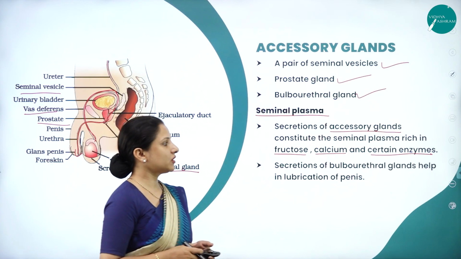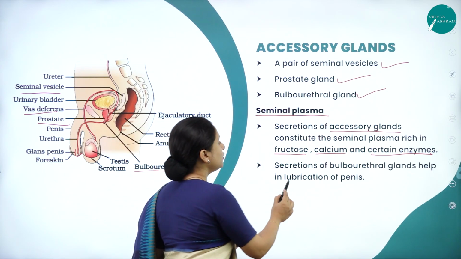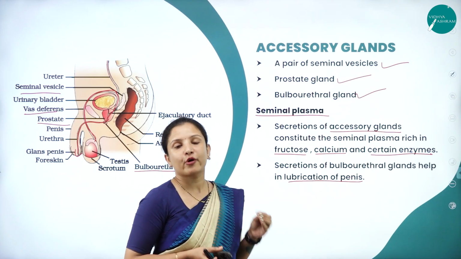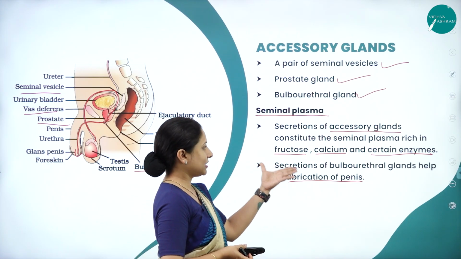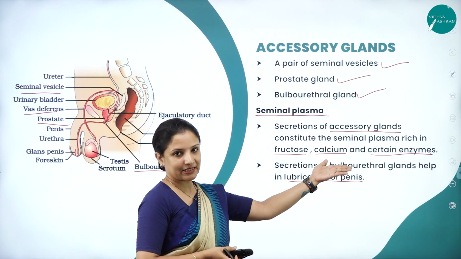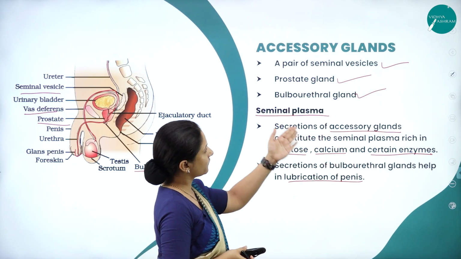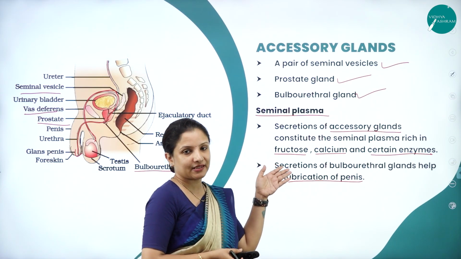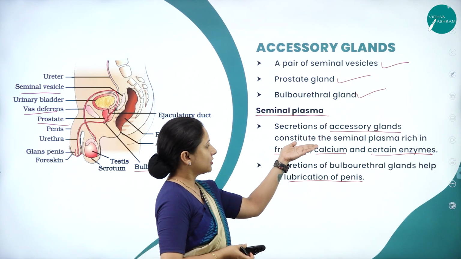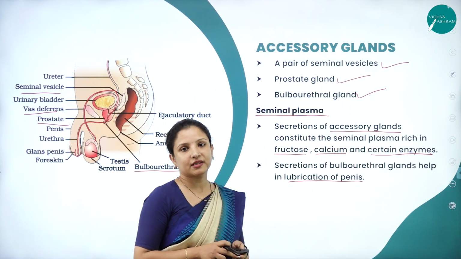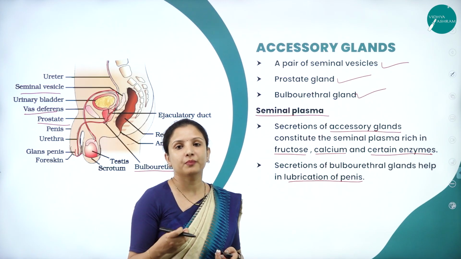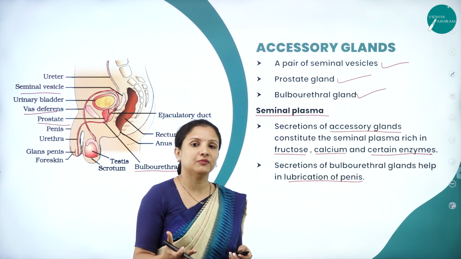The secretion of the bulbourethral gland helps in lubrication of the penis, that is, maintaining the moist condition of the penis. Whereas the secretions of the bulbourethral as well as the prostate glands, which come under the accessory glands, are rich in fructose, calcium and certain enzymes, and they are needed for the proper functioning of the sperm, to keep the sperm active.